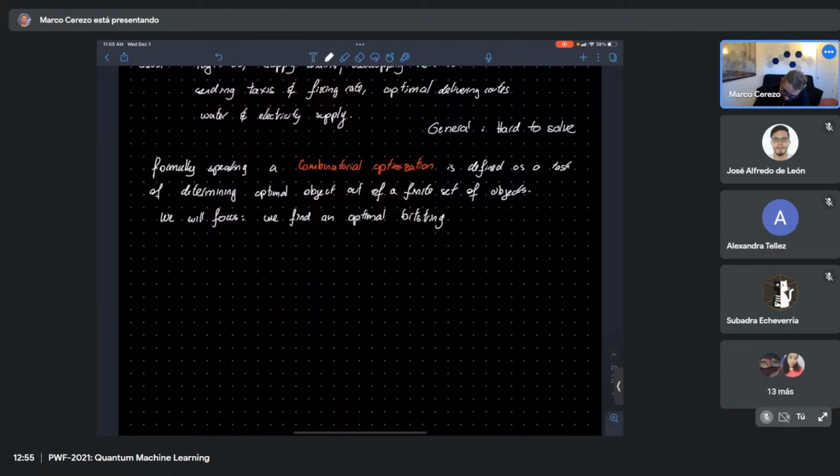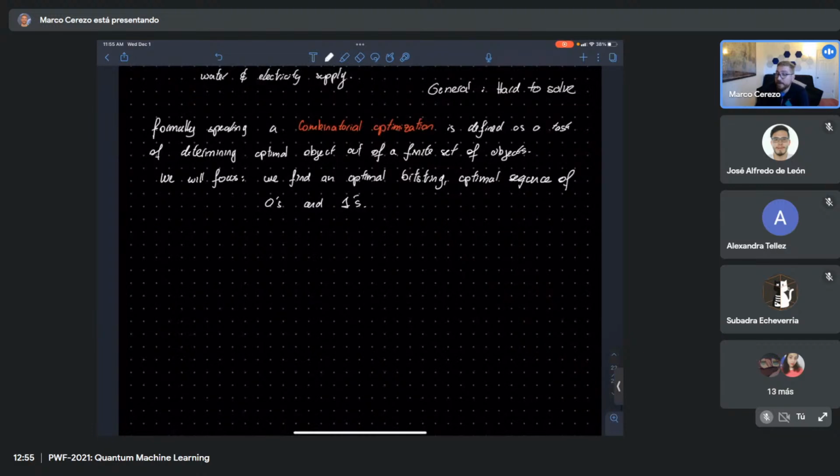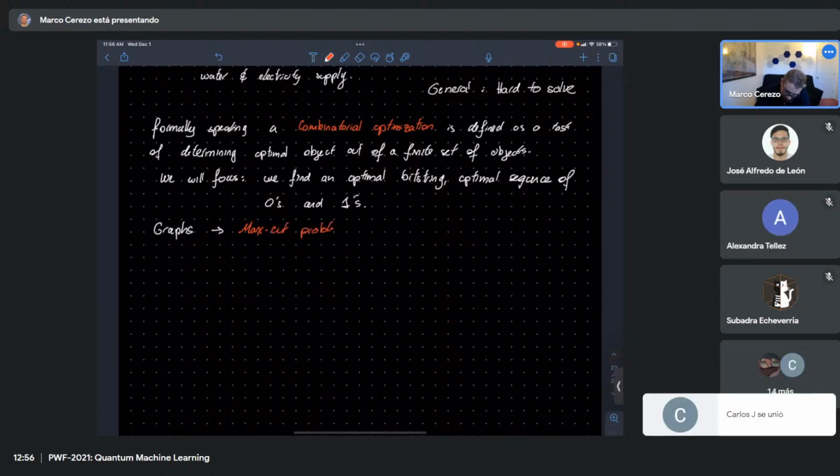That is, we want to find an optimal sequence of zeros and ones. More specifically, so that we can narrow it down just a little bit further to a specific case, we will consider combinatorial optimization problems on graphs. And specifically, we will consider the max cut problem. So what is the max cut problem?